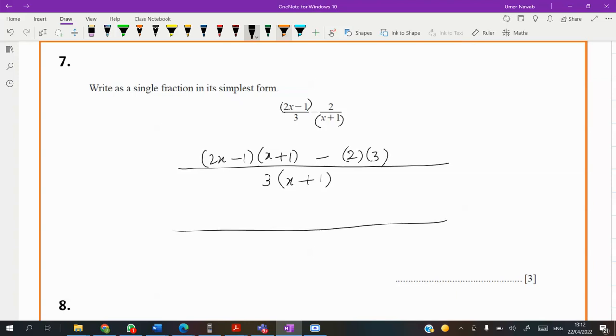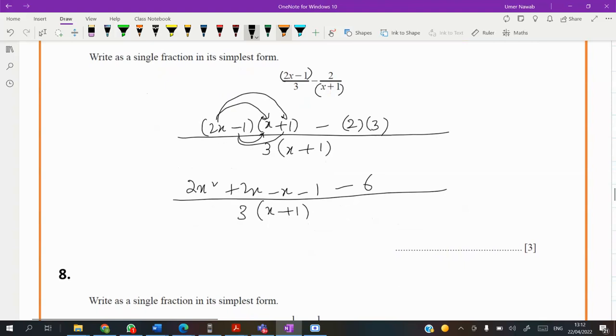Oh, expand the numerator. 2x squared, 2x minus x minus 1, and this is 2 times 3 is 6. 3x plus 1. 2x squared, how many x's do we have? 2x minus x, it is 1. You can write just x rather than 1x. So it's just x. Minus 1 and minus 6 is minus 7 over 3x plus 1.